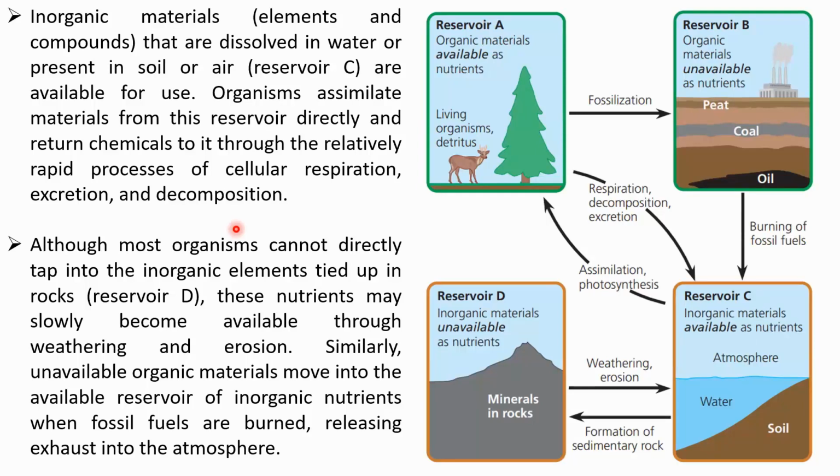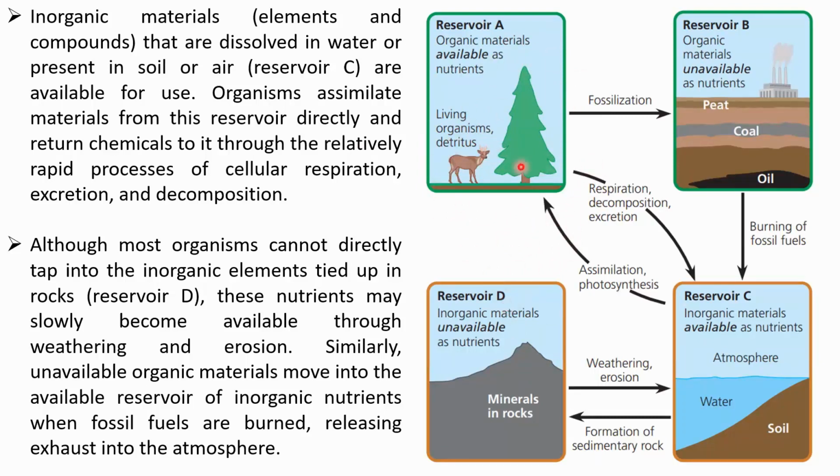Similarly, unavailable organic materials move into the available reservoir of inorganic nutrients when fossil fuels are burned, releasing exhaust into the atmosphere. These inorganic nutrients can be assimilated by the process of photosynthesis and utilized by plants, which convert them into the organic form.